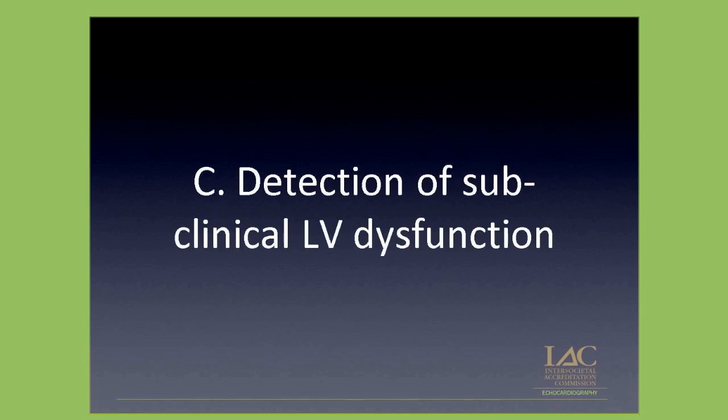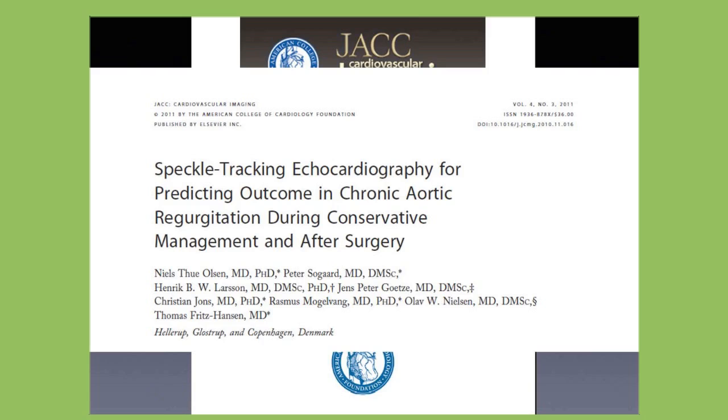Now, last, and you are going to have another webinar dedicated to cardio-oncology, but in terms of the detection of subclinical LV dysfunction, I am using the example of aortic insufficiency. You all know that a frequent clinical scenario is the patient that has a bicuspid aortic valve and severe AI, and we are trying to find the magical moment to send this patient to surgery.